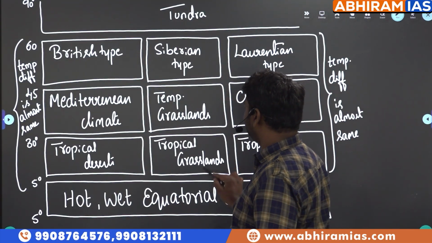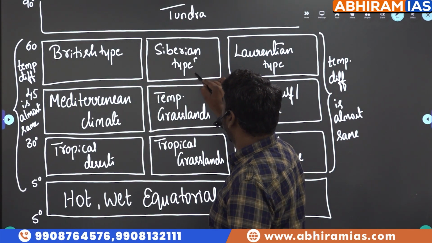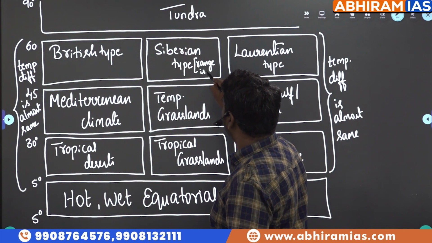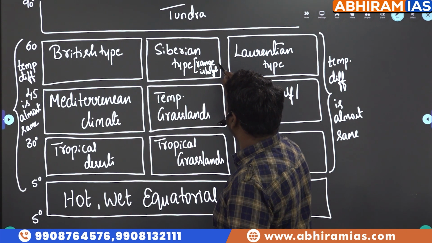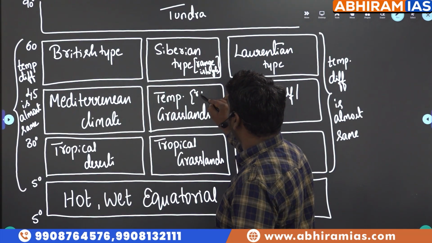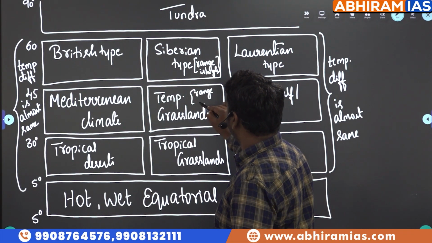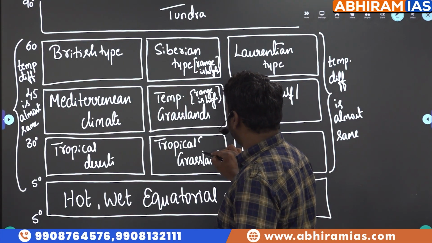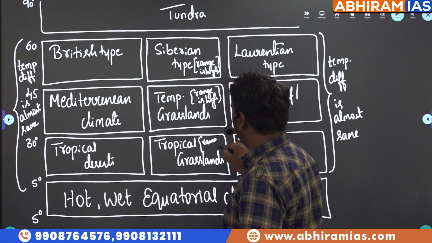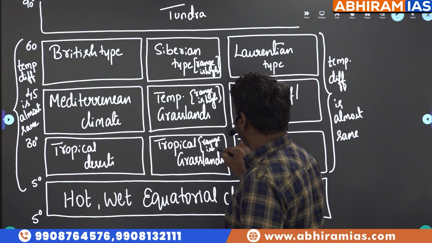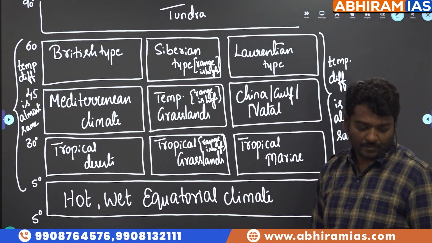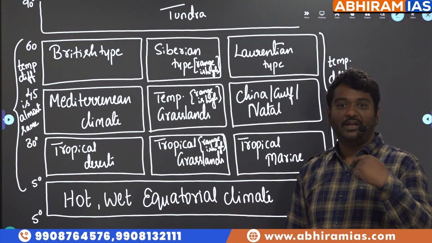Here range is high. How to eliminate options?